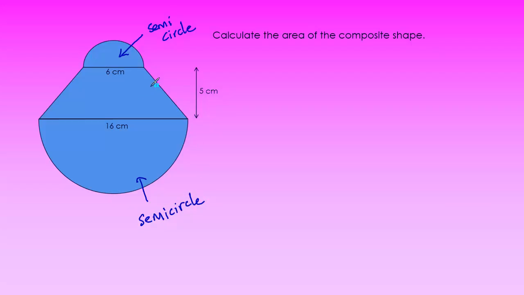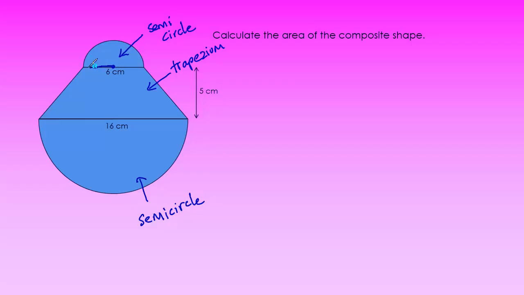Then we have a trapezium. Now we could split the trapezium into different shapes, but let's do it as a trapezium. So the area will be the sum of all three shapes that we can see.